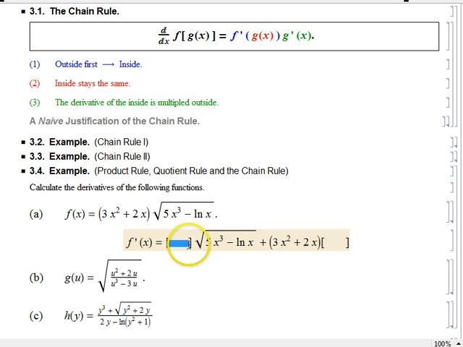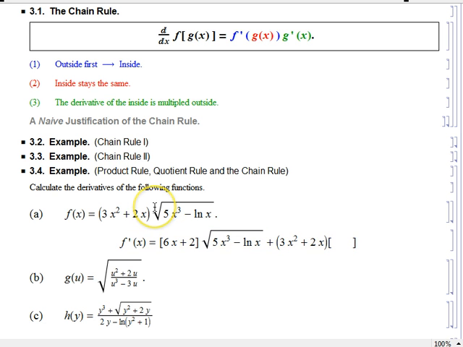And then we have to fill in these blanks as separate new problems. u prime looks like it's going to be easy, 6x plus 2. Now v prime looks like it's going to be a bit of a challenge because we are looking at a composite function, consequently a chain rule. So let's go ahead and apply chain rule.